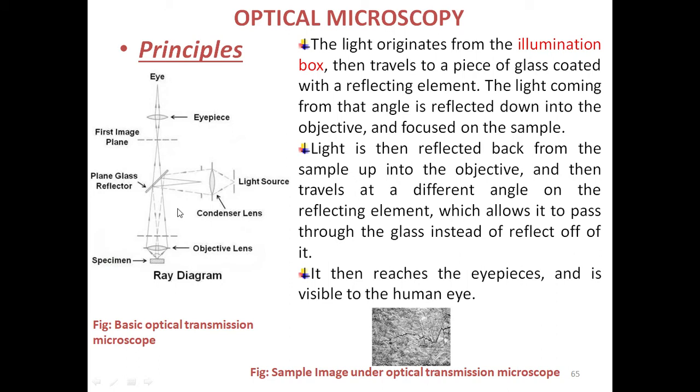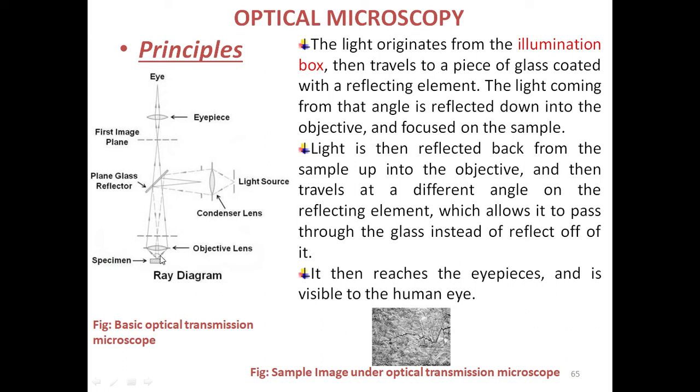Here we can see the basic optical transmission microscope schematic diagram. The light originates from the illumination box, then travels to a glass coated with a reflecting element. The light coming from the angle is reflected down onto the object and focused on the sample.